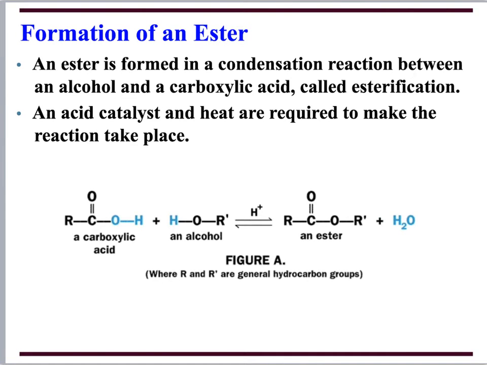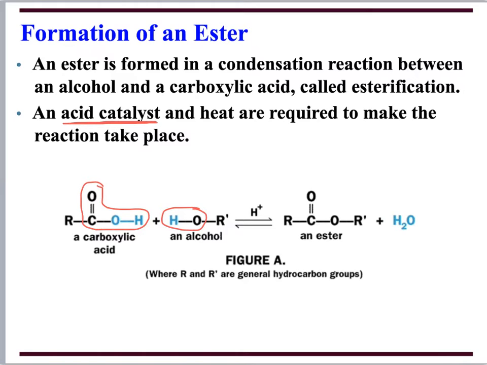Just like we were discussing, the two sides to the molecule actually come from the two different molecules that were used to make the ester. In the carboxylic acid, I had that C double bond O OH, and in the alcohol, I had the OH group. When I put in an acid catalyst, unfortunately we're not in class, otherwise we would be doing an experiment where we were making these esters.